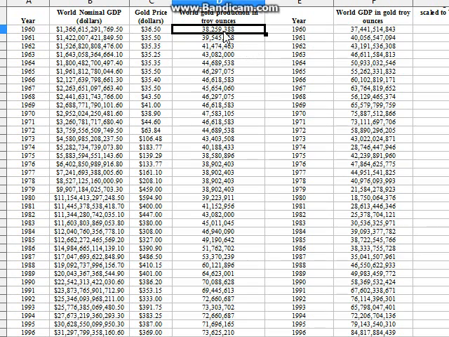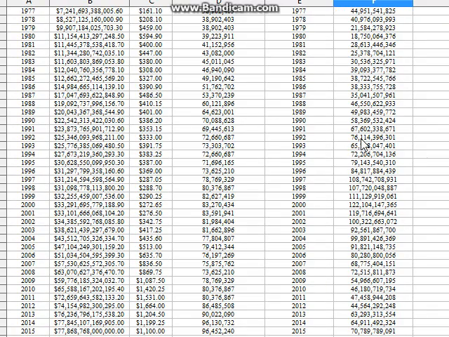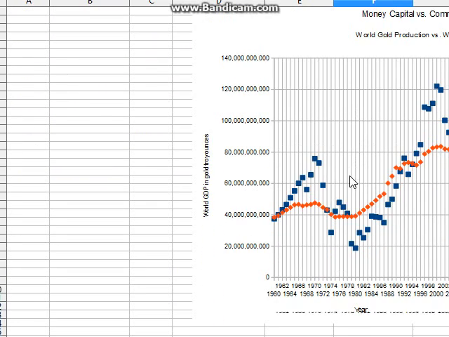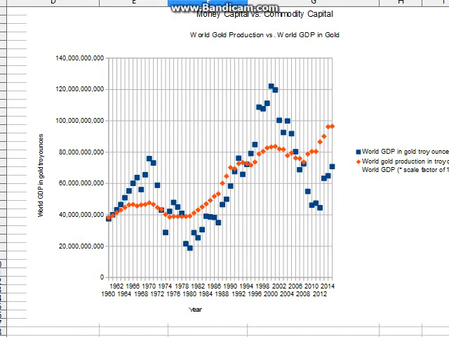How much is going to go towards the interest rate if money capital is relatively scarce? How much of the profit rate is going to go towards the profit of enterprise if it's commodity capital that's actually scarce? And what I did is I graphed these two, and this is what it looks like.